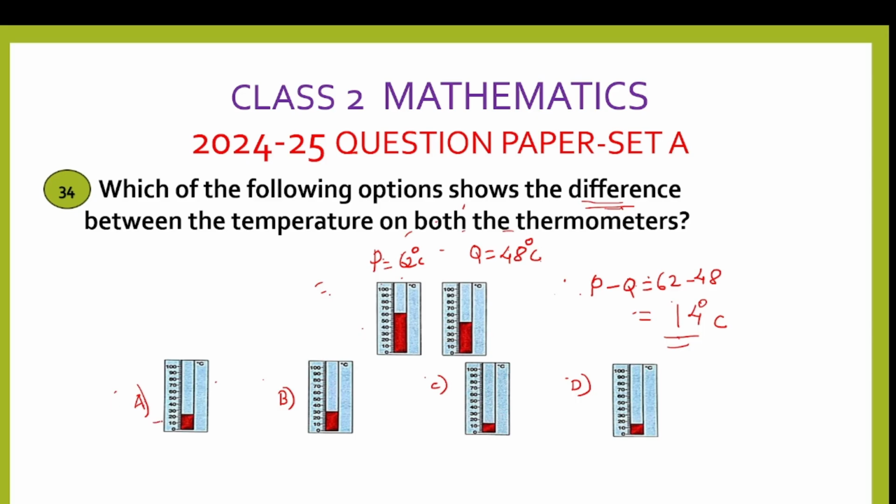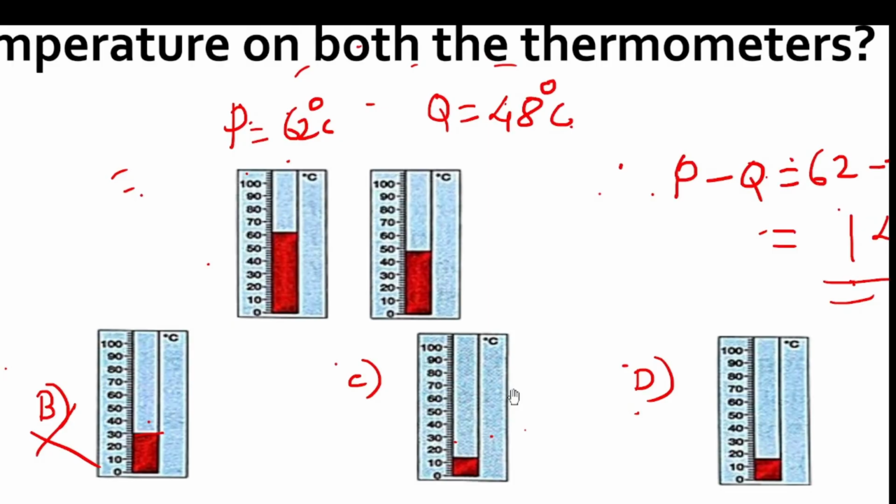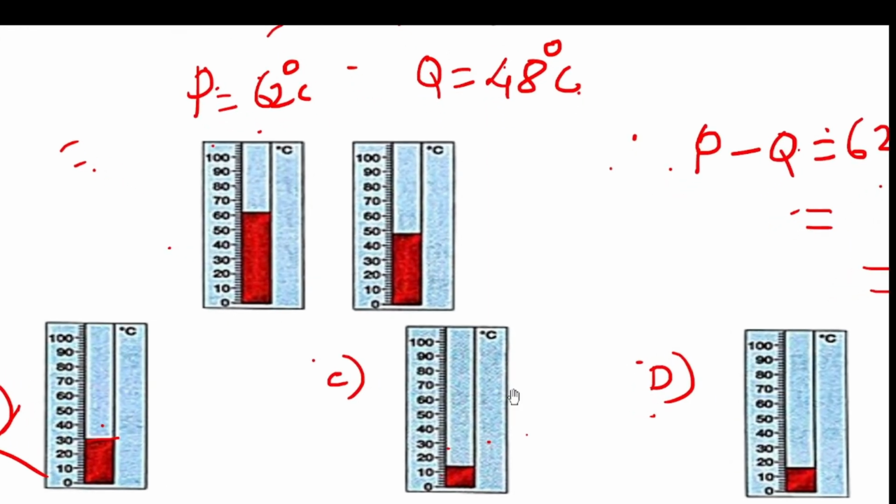In option A, the temperature is 10, 20, that is greater than 14, so option A is not correct. Similarly, B is 30 degrees, which is not correct. But for options C and D, we have to zoom in. If we zoom here, this is 10, and here are 1 and 2 lines. Therefore, this is 14 degrees Celsius.